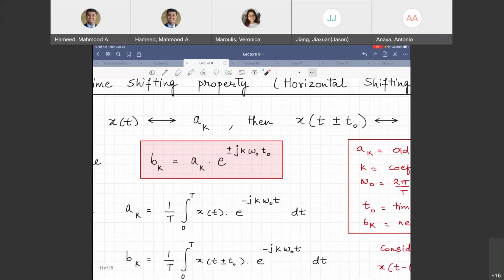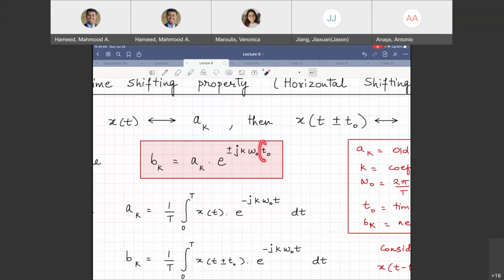The property says that the Fourier series coefficients of the shifted waveform is a_k, the Fourier series coefficients of the original signal, multiplied by e to the plus or minus j k omega naught t naught. How do you know omega naught? How do you know t naught? Omega naught is 2 pi divided by T, capital T being the time period of the signal that you are working with.